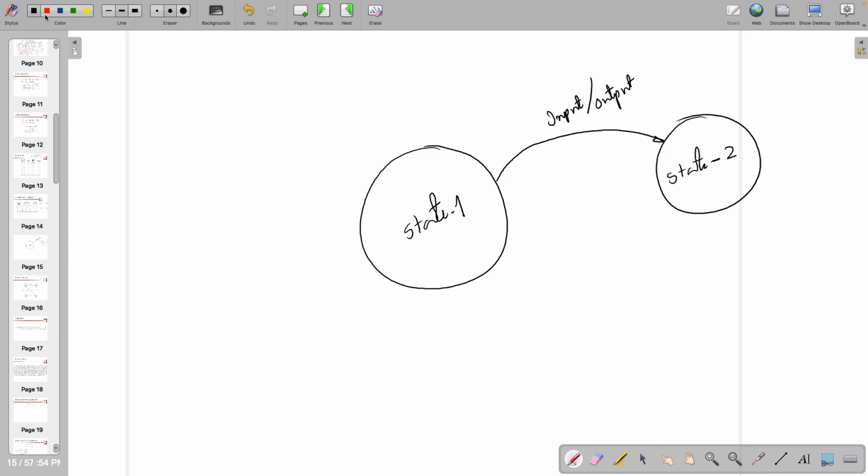As an example, if there is a state 0 0 and a state called 0 1, and I am writing like this, it means that the present state is 0 0, next state is 0 1, when I apply input of 0 and at the same time output will be 1.